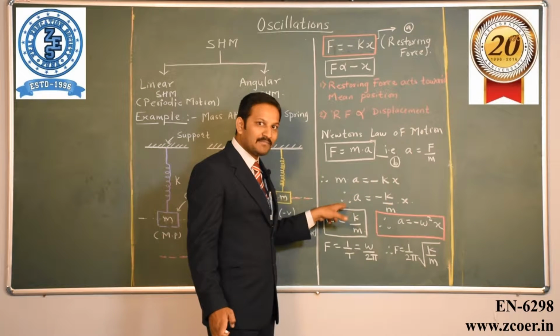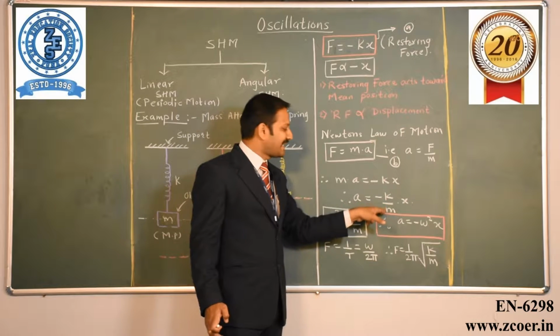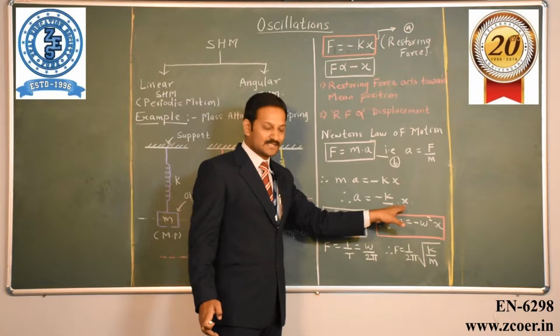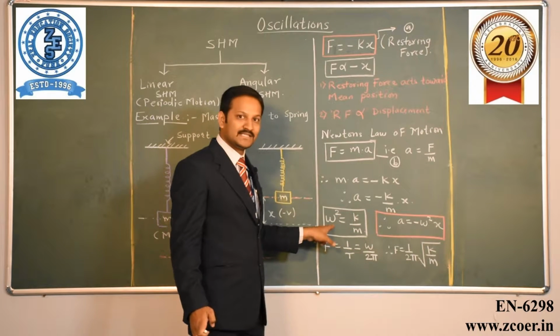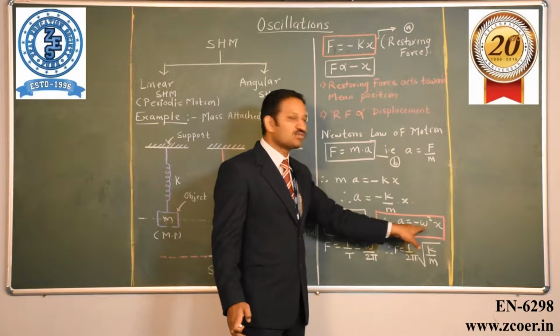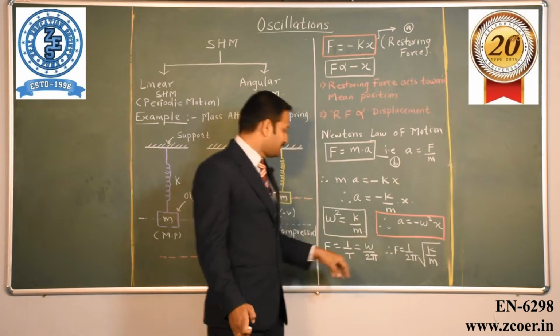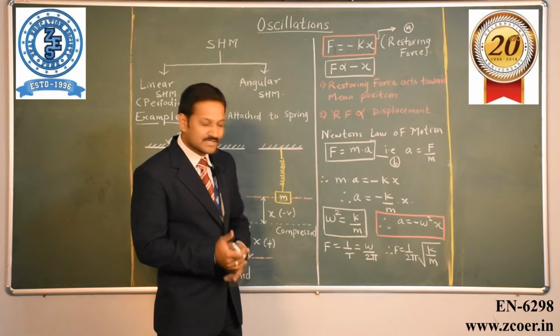So acceleration can be found using this expression: a equals minus k by m into x. If we replace k by m with omega square, where omega is the angular frequency, then a equals minus omega square x.